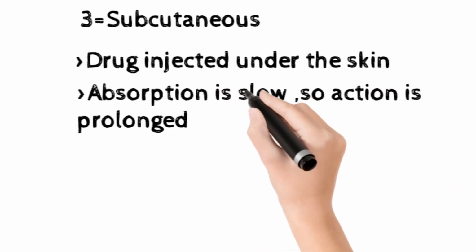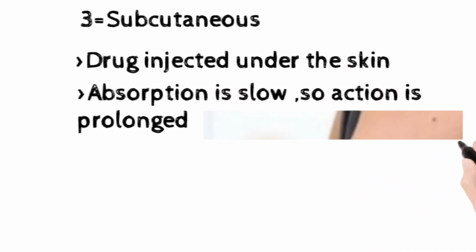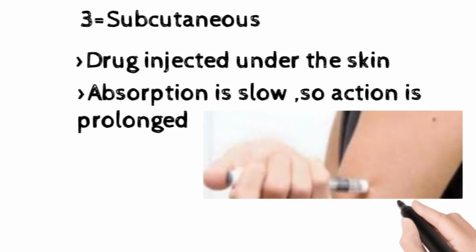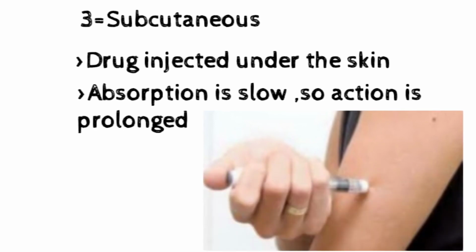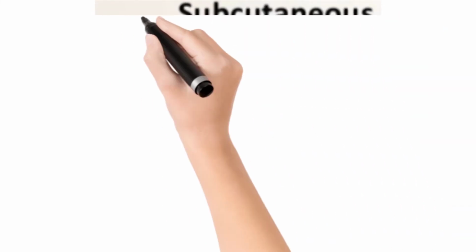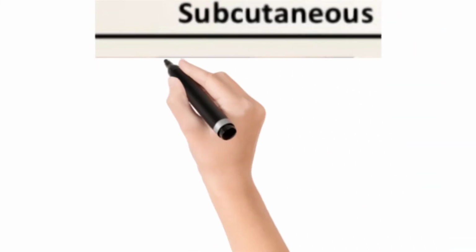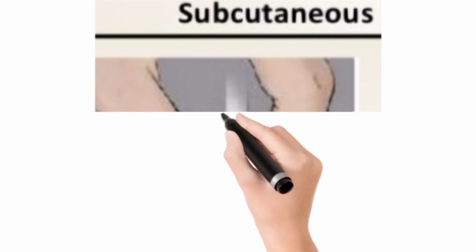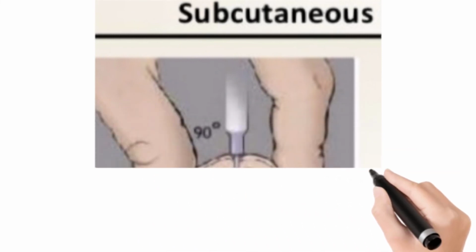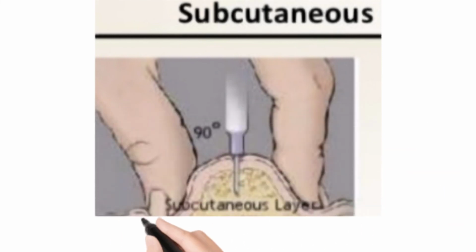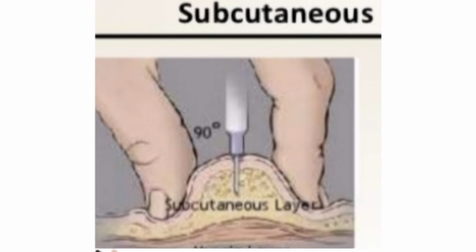Absorption is slow, so action is prolonged. Look at this diagram. The patient injects the drug subcutaneously. Now come to the diagram of the subcutaneous route. Here the drug is injected in the subcutaneous layer above the muscle layer.